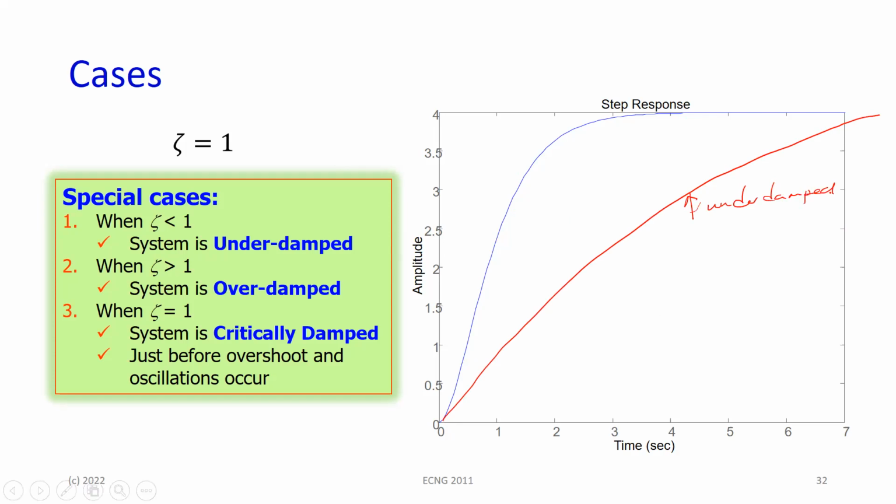Sorry, this is overdamped. Zeta is big so it's taking a long time to respond. When zeta is less than 1, the system, depending on the value, could do a little bit of this, and so on. This is underdamped.